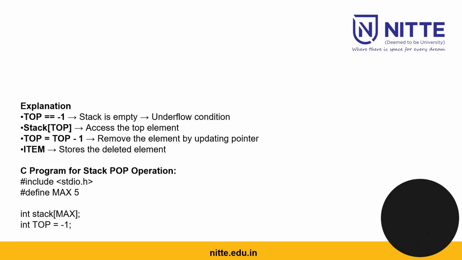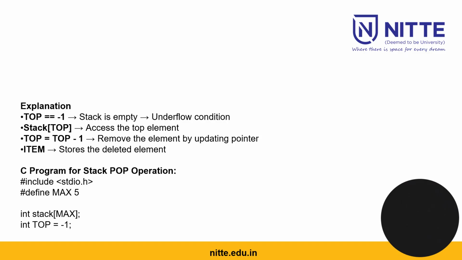Now top equals 3 means the element which is at position 4 has been removed. That is the meaning. Then the removed element will be stored in the variable called item. So this is the simple explanation of the pop operation of the stack.